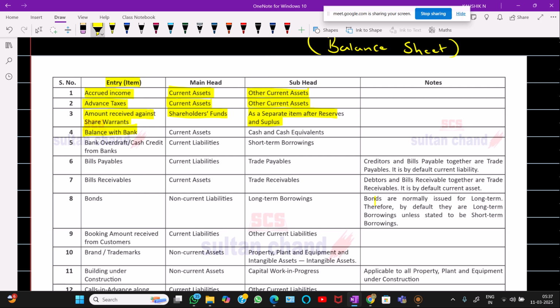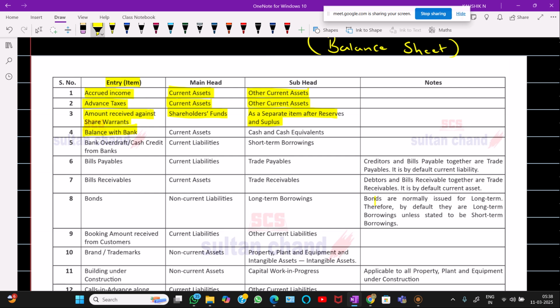Or if the bank deducts some charges for the services they render, then my bank balance will decrease, as I have to forego some amount. So bank balance, or balance with the bank, is an asset and it shows a tendency to increase or decrease. So it belongs to the category of current assets.